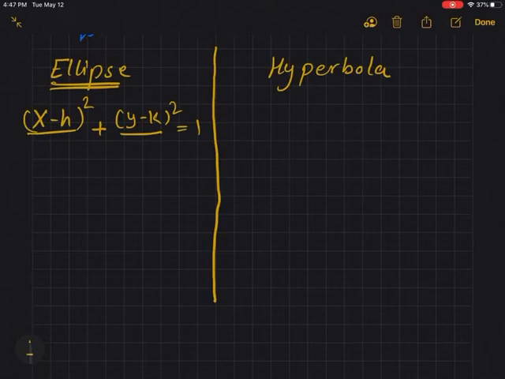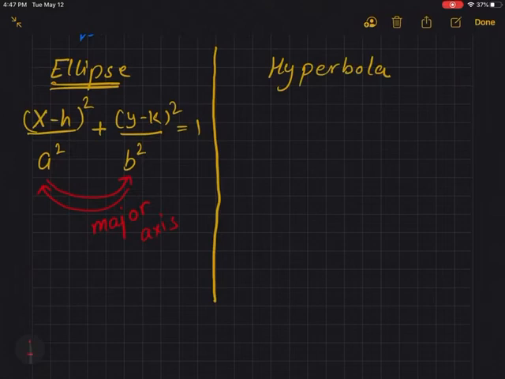So it was a squared and b squared, and sometimes these two switch, right? Depends on the major axis. If x is the major axis, then a goes under x. If y is the major, then a goes under y. So this switching depends on the major axis. That's how the ellipse equation goes.